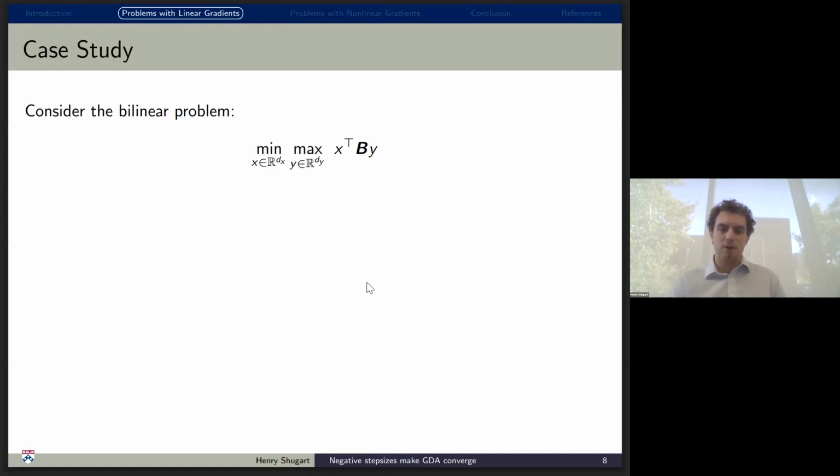We're going to focus on this bilinear problem, min x, max y, x transpose B y for some matrix B. We can think of this as a multivariate generalization of the kind of bad case that I showed in the previous couple of slides of xy. In fact, this is exactly the case when b equals 1 and x and y are both univariate.